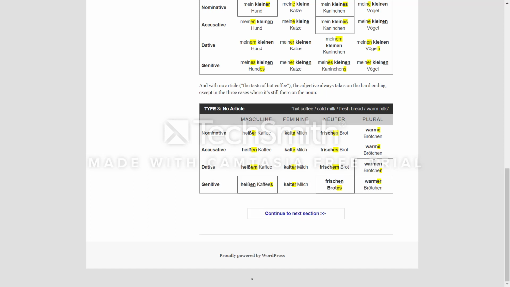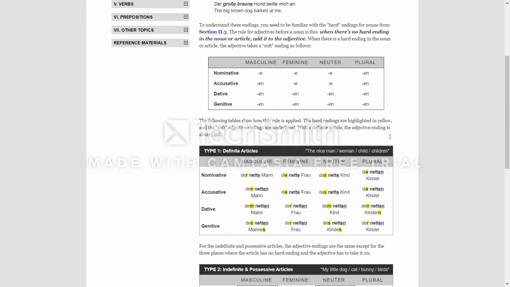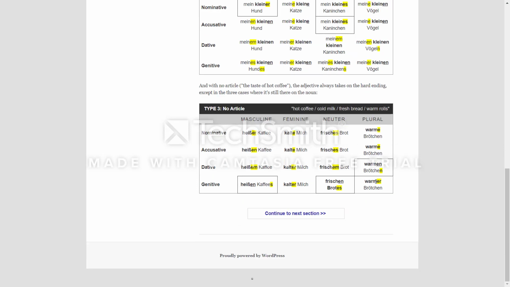Apart from these 2, where you would expect en to show plural and n on the end to show the noun is in the plural, and here you would expect an er. Here's our en and our n. Here's our er. Here's our n and our r. So really, we can take just these 2. There's nothing really to do except to learn to remember that these are exceptions. So for the masculine gender, it's heißen Kaffees. For the neuter genitive, it's frischen Brotes. This just has to be remembered separately.